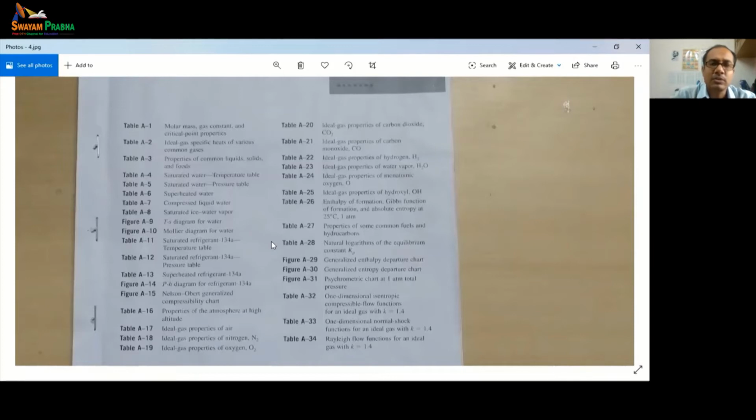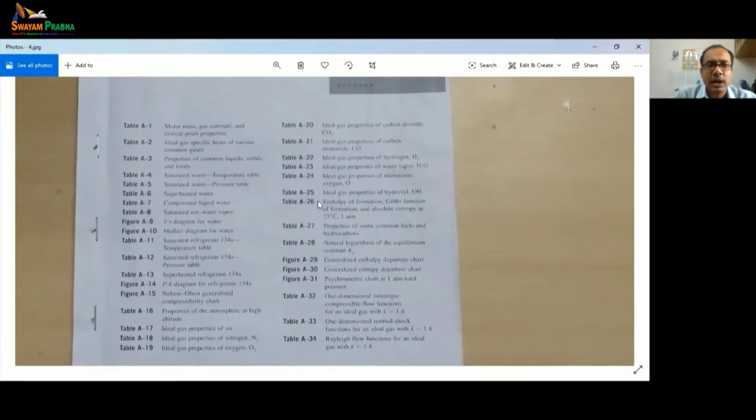These tables are also available in software form. Wherever a particular value is required, you provide the corresponding other values, and the software can spit out the number that you are looking for.